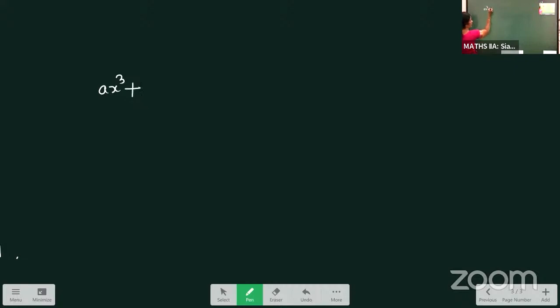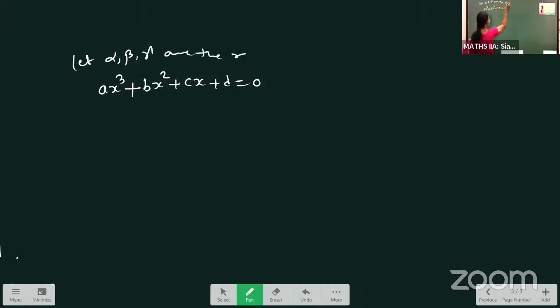The general cubic equation is ax³ + bx² + cx + d = 0. A cubic equation has 3 roots, alpha, beta, gamma. Let alpha, beta, gamma be the roots of ax³ + bx² + cx + d = 0. How to find the values? S1, the sum of the roots: alpha + beta + gamma = −b/a.